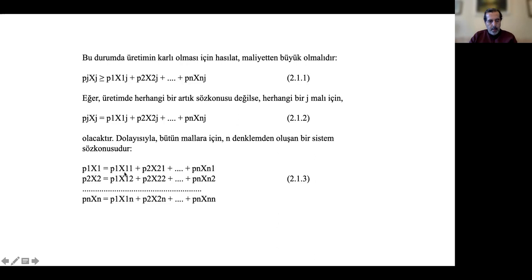This particular P1 times X11 refers to the amount of input that is used in the first sector, which is produced in the first sector. So the sector uses its own output as input. This is the input used in the first sector which is produced by the second sector. This is the nth sector's output that is used as input in the first sector, etc.